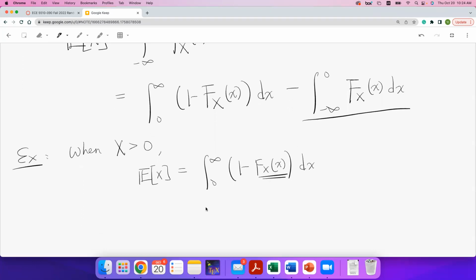But this one is the probability of X less than or equal to x. Okay. So 1 minus that equals the complementary event. So this is another way to characterize the expectation for positive random variables.